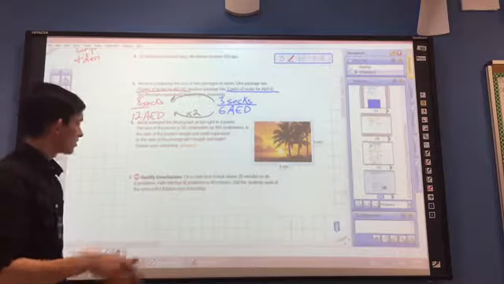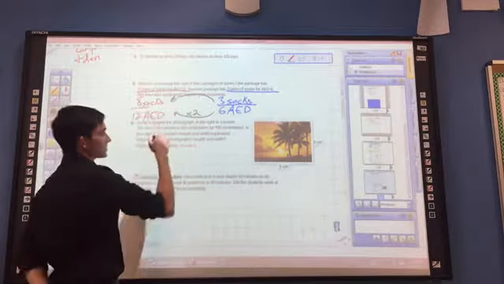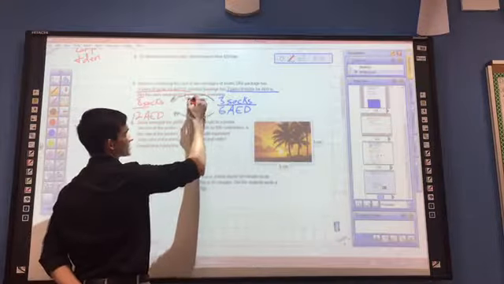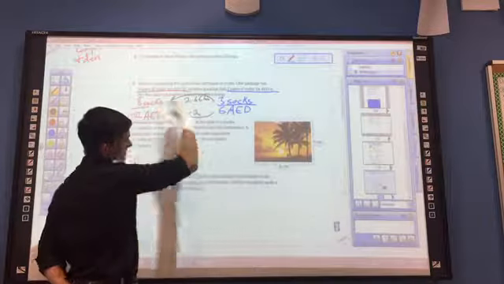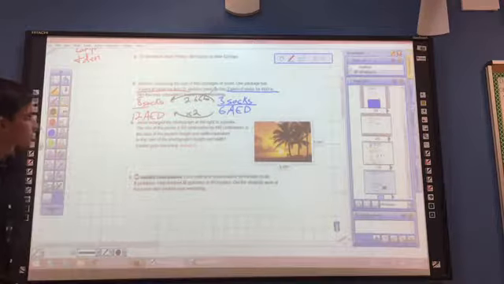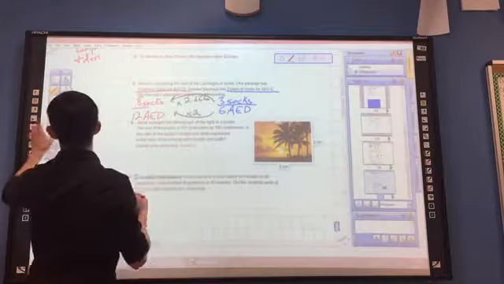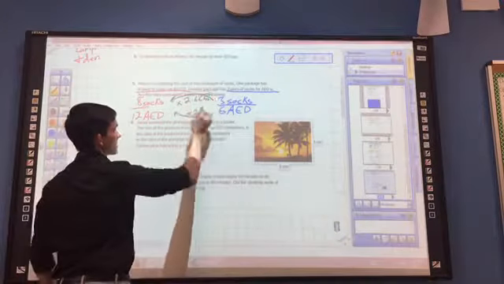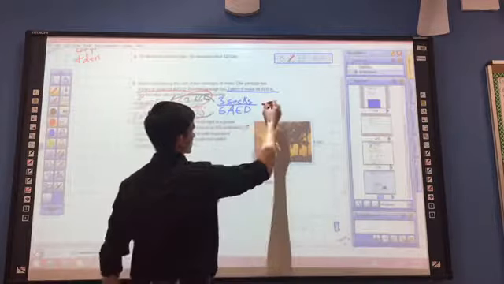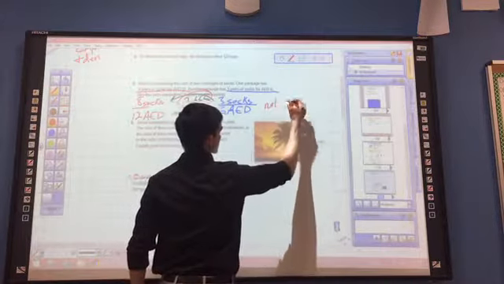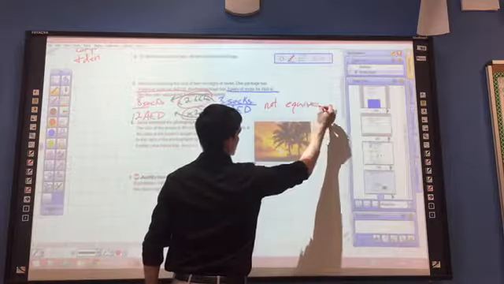No. So you know they're not equivalent, because it would have to also be times 2. This, if you type it into a calculator, is actually 3 times 2.666, and the 6 keeps going. Okay? So they're not the same. These are not the same. So those are not equivalent. I'd say not equivalent.